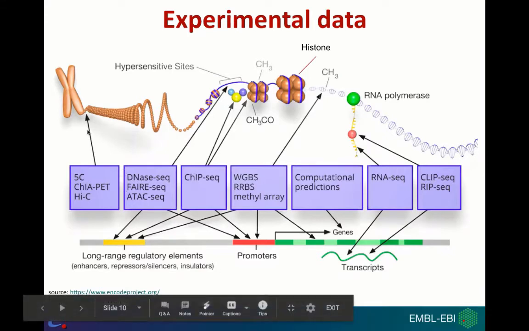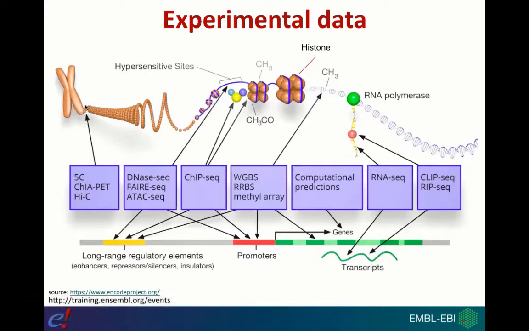Firstly, we have the chromosome conformation, which we can see through combinations of 5C, ChIA-PET, and Hi-C experiments. Then we can look at regions of open and closed chromatin, like we might see here, using techniques such as DNase-seq, FAIRE-seq, and ATAC-seq.